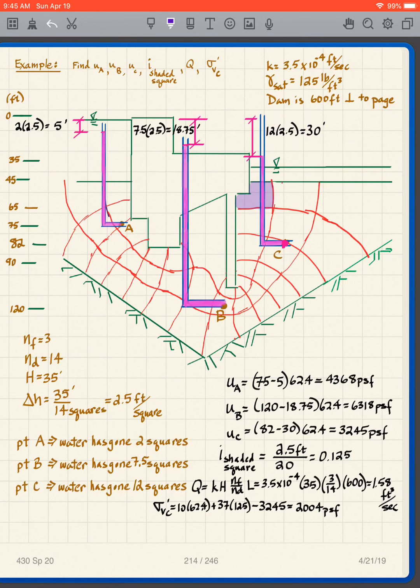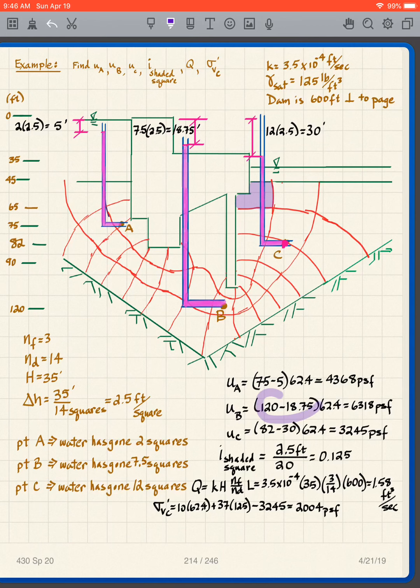So my goal now to get the pore pressures is to figure out the vertical distance for A, for B, and for C. For A, it's 75, and the drop is 5, so it's 75 minus 5 for point A. For point B, I'm at 120, that total distance, minus the 18.75.